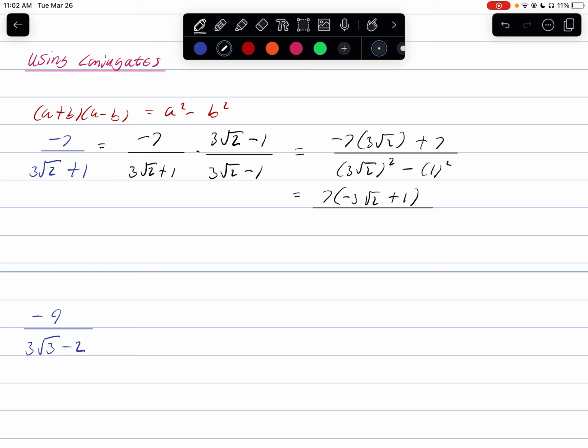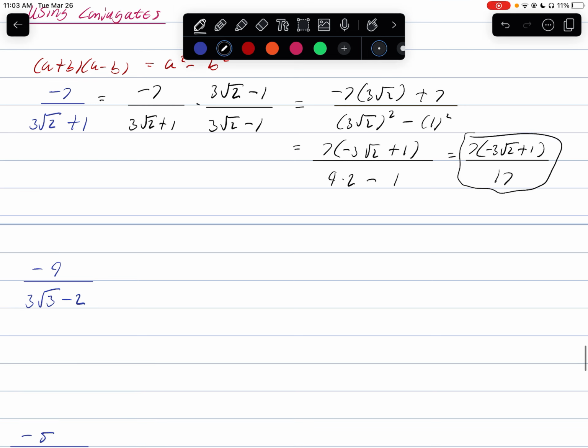And then here, we'll end up with 9 times 2 minus 1. I wrote this wrong. 7 times negative 3 times the square root of 2 plus 1 over 18 minus 1, which is just 17.